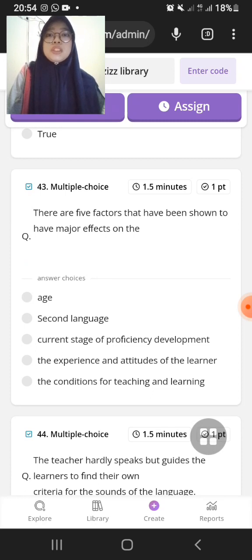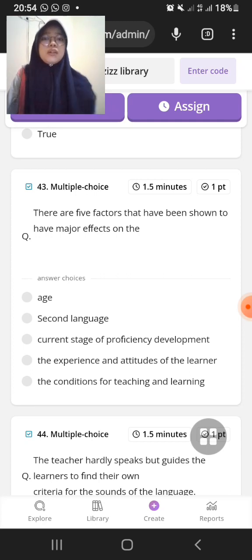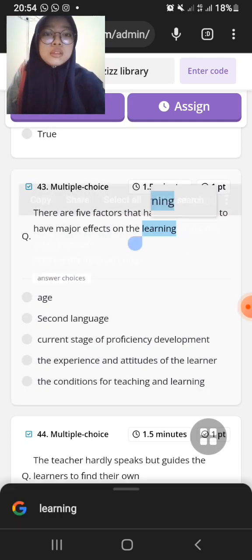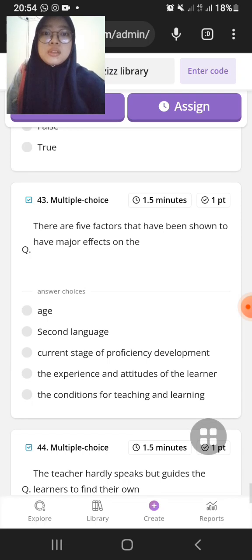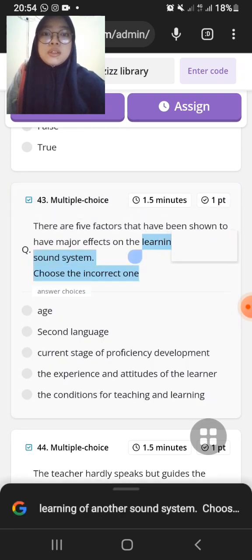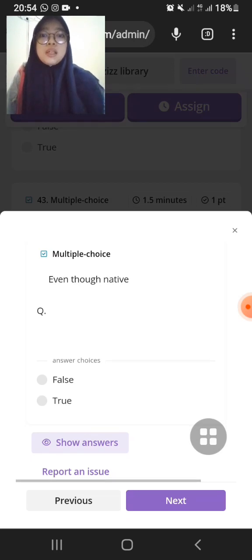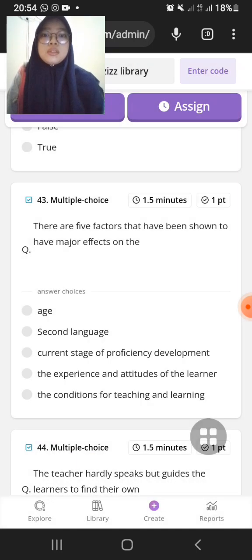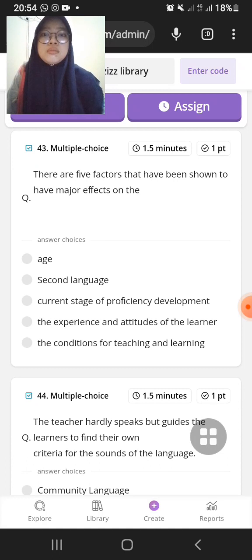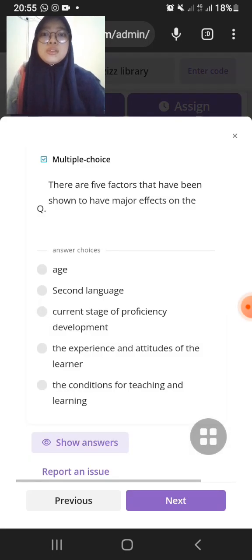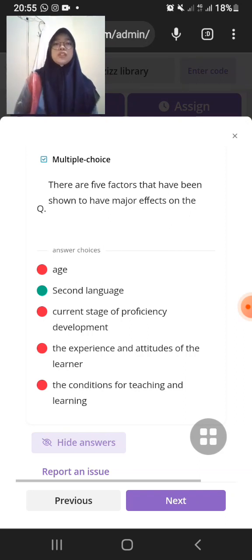Question number 43. There are 5 factors that have been shown to have major effects on the learning of another sound system. Choose the incorrect one. The answer is second language.